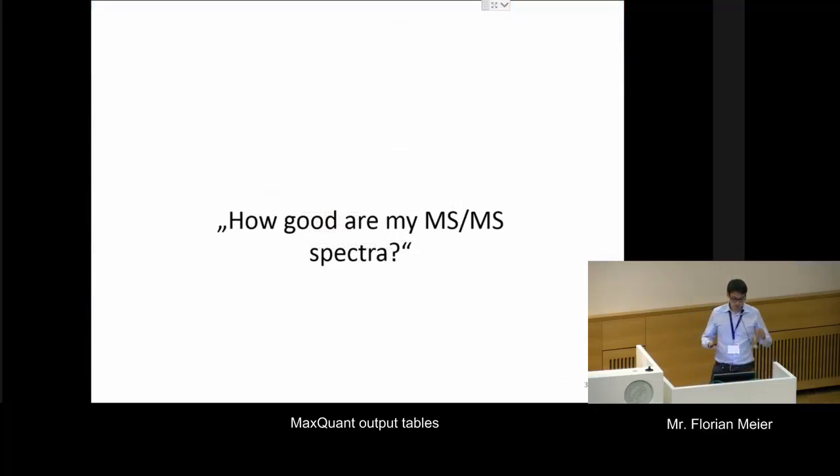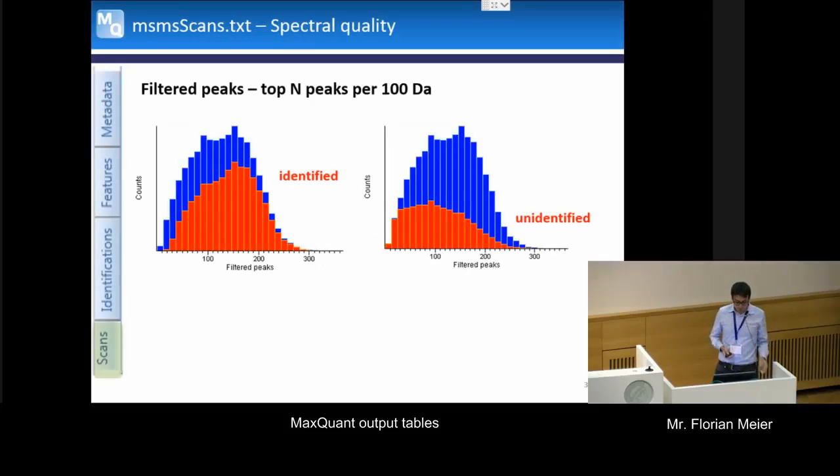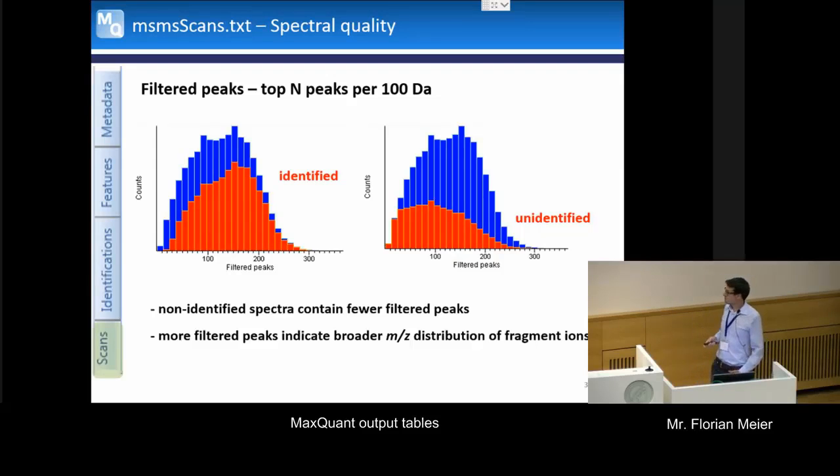Another obvious question you could ask is, how good are my MS spectra? And then there's this interesting column that's called filtered peaks. It's more of an empirical observation that identified MS spectra tend to have more filtered peaks than unidentified spectra.